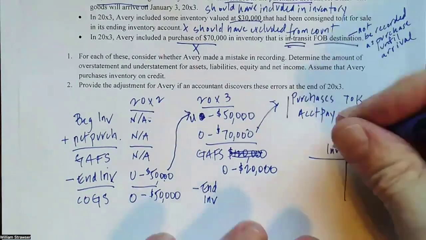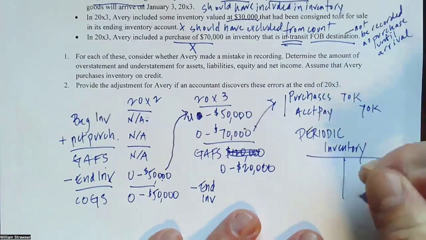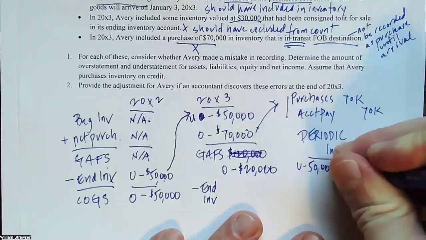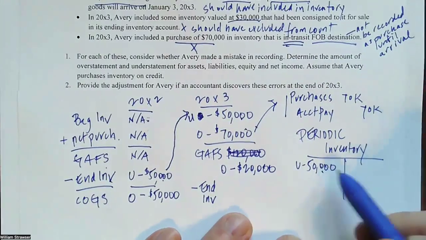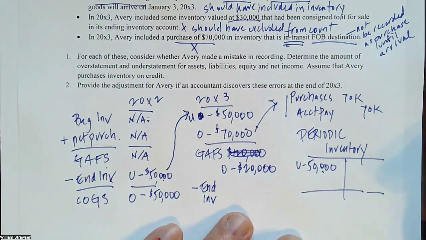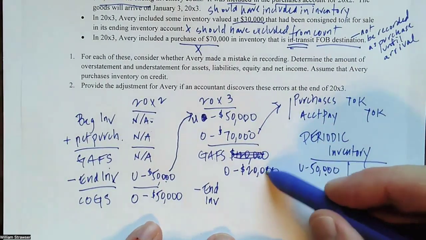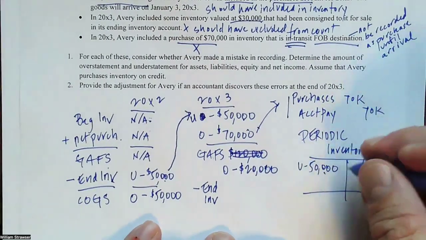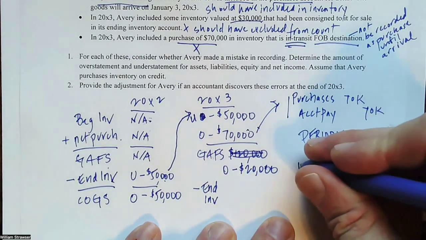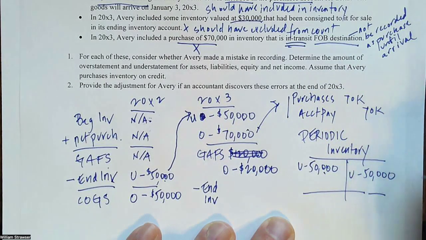Remember that under a periodic system, whatever I have in beginning inventory, in this case an understated $50,000 amount, is totally separate from how I mess up ending inventory, except for its effect on cost of goods sold, because when we credit this, we're just going to credit it out.